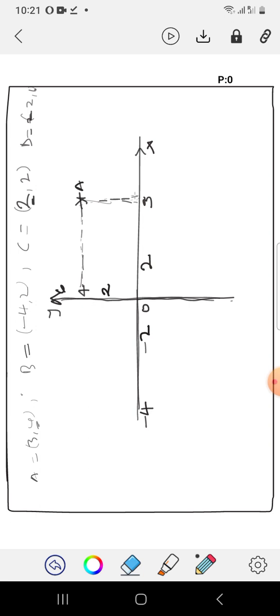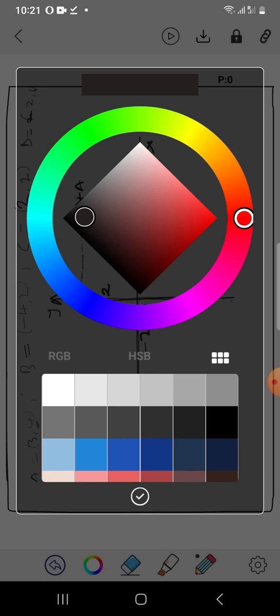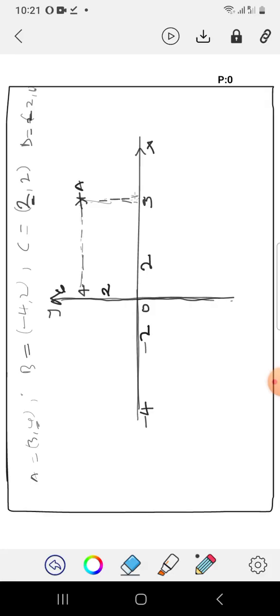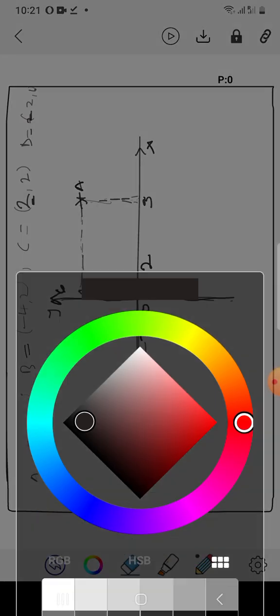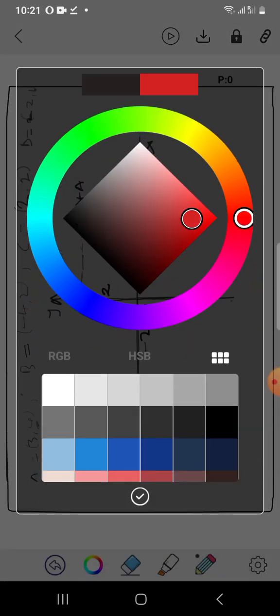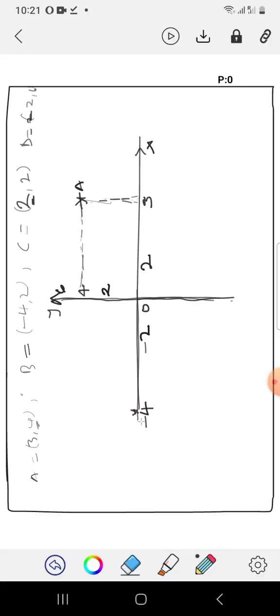So let's look at B. Let's choose a red color just to make things livelier. Okay, we are picking B to be minus 4 on the x-axis, which is this. So minus 4 here is going against 2.